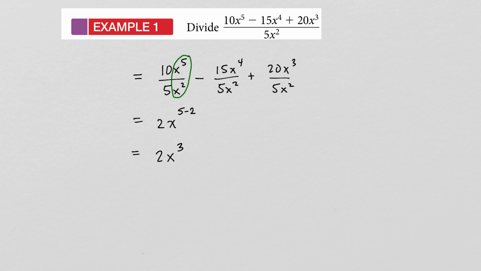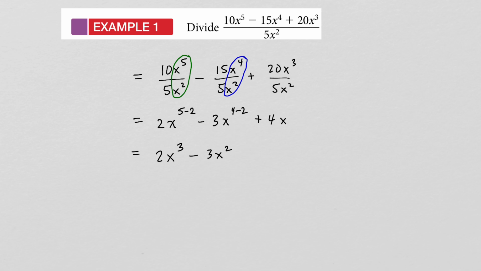And then we repeat. And so we have minus 15 divided by 5, we know that is 3. And then here we have x to the fourth divided by x squared. That's x to the 4 minus 2, which is going to end up giving us negative 3x squared. Plus 20 divided by 5, we know that's 4.